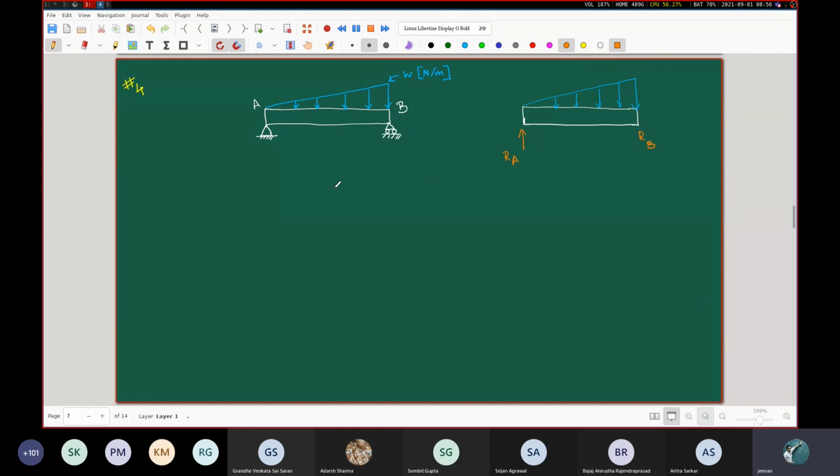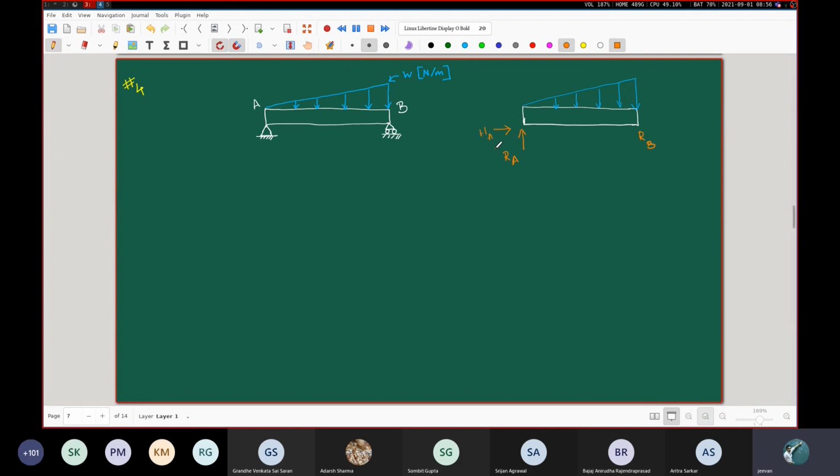Please note that this here is a hinge joint, and at the hinge joint, as per your first year mechanics, you are supposed to draw one vertical reaction force and one horizontal reaction force. So very theoretically speaking, we are supposed to find one horizontal reaction force also here.